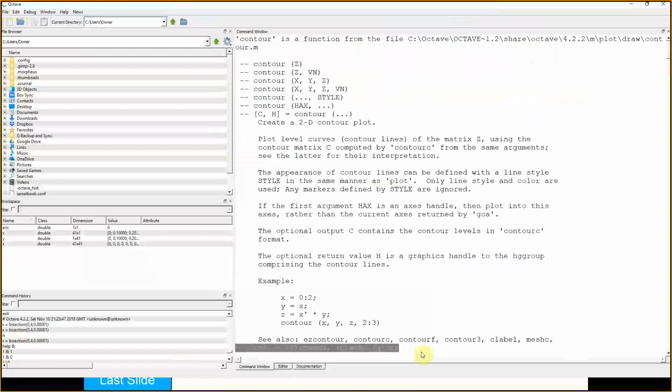Why it crashed. Oh, I should have put the Z last. So I just say, oh man, I don't have to put the range, you know.